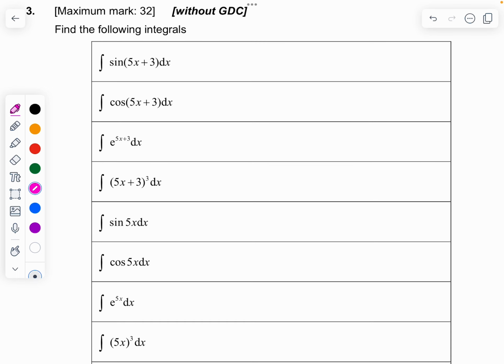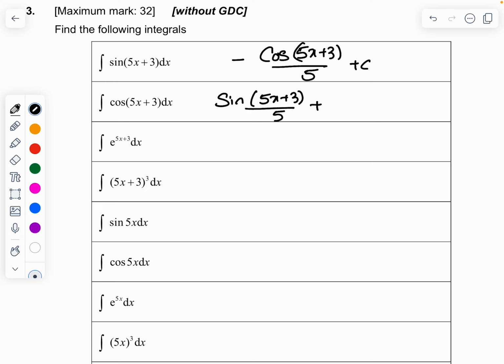Now these are the formulas, so very carefully to remember. Integral of sine 5x plus 3 is negative cosine 5x plus 3 divided by 5. Don't forget to divide by the derivative of the basic function. Sine 5x plus 3 upon 5. Then it is e power 5x plus 3 upon 5. Then 5x plus 3 whole to the power of 4 upon 4 times 5.